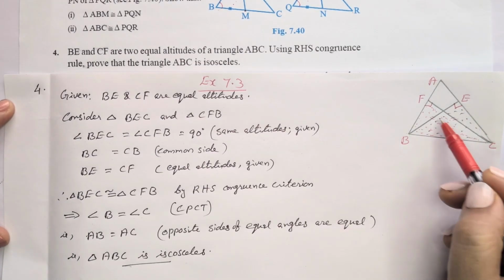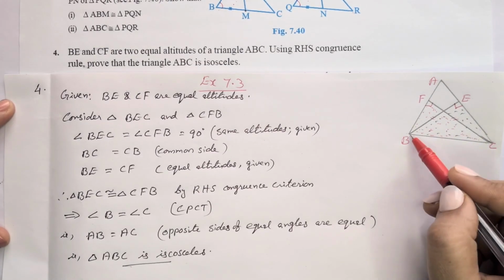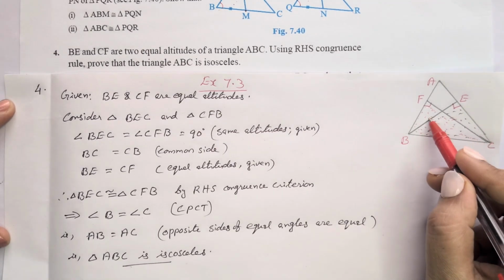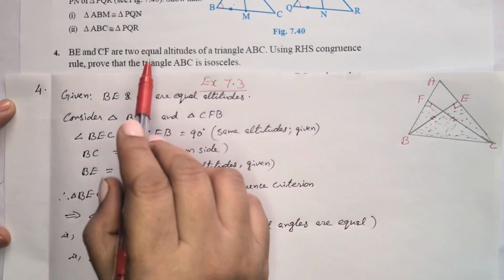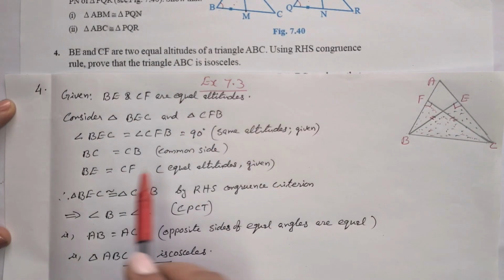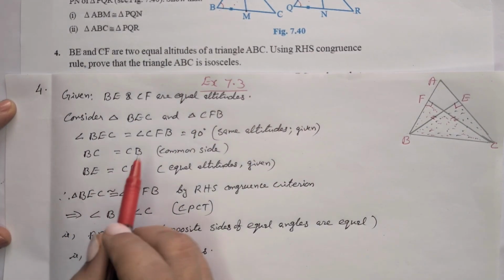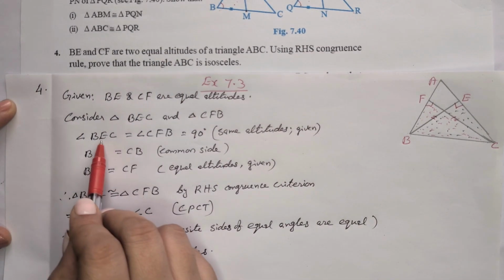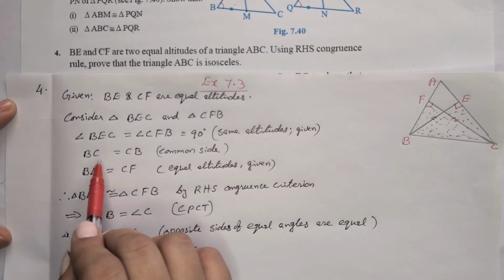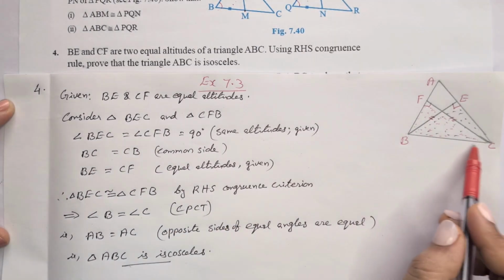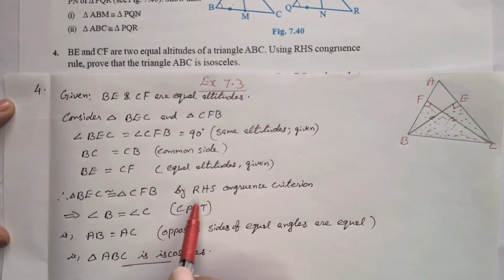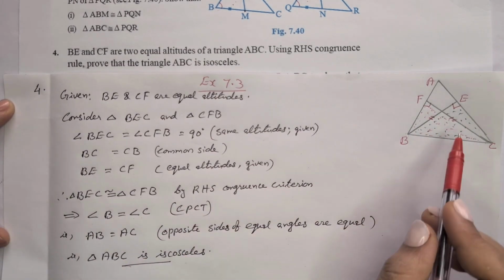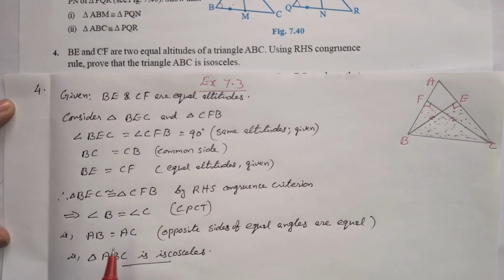BC is a common side for both the triangles and BE is equal to CF. These two are equal altitudes, it's given in the question. Altitude means these two angles are 90 degrees. Then BC is the common side, BC is equal to CB. So by using these three, by RHS congruence criteria, we can write these two triangles are congruent.